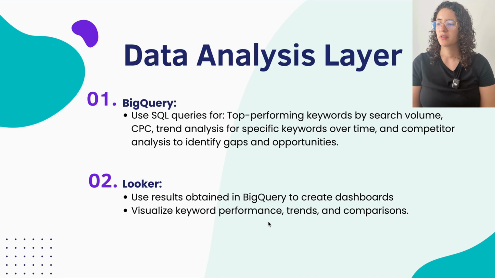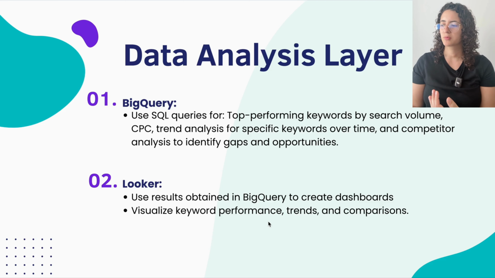We're going to be talking about the data analysis layer. Firstly, as I mentioned before, we're going to be using BigQuery to get things such as the top performing keywords by search volume and cost per click. We're going to get trend analysis for specific words over time and the competitor analysis to identify some gaps and opportunities.